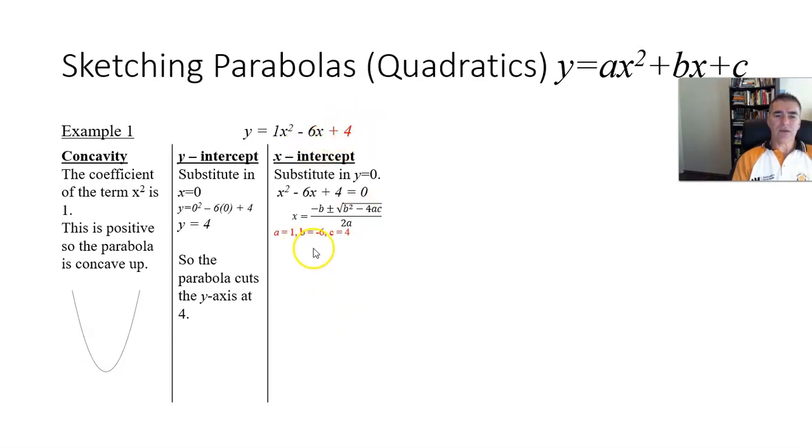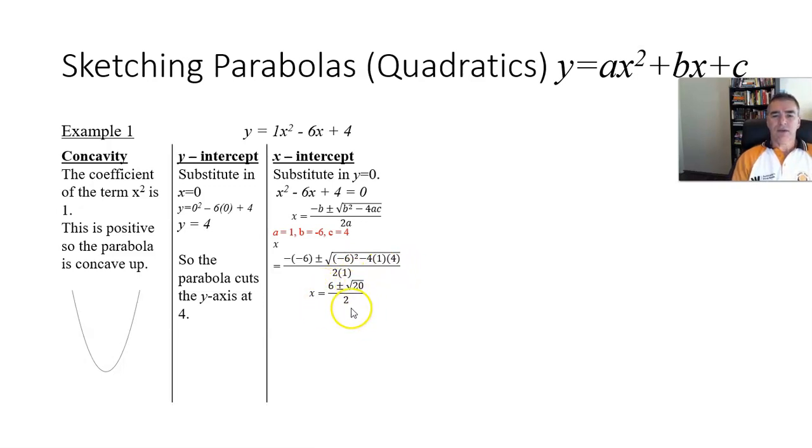Now that we have those three, we substitute them into the quadratic formula, but be careful with the negatives. I like to put them inside a pair of brackets so that when we square it, we make sure we get the right answer. So we substitute in and simplify: negative negative 6, square root of 20, so the discriminant here is 20, and 2 lots of 1.